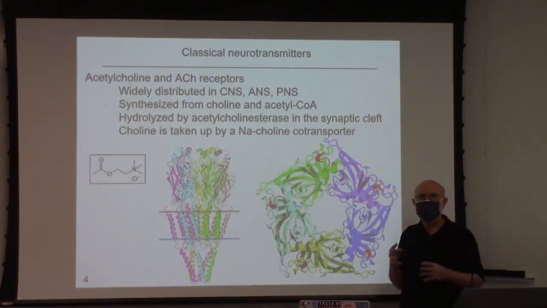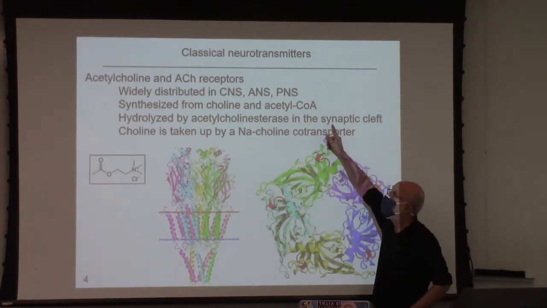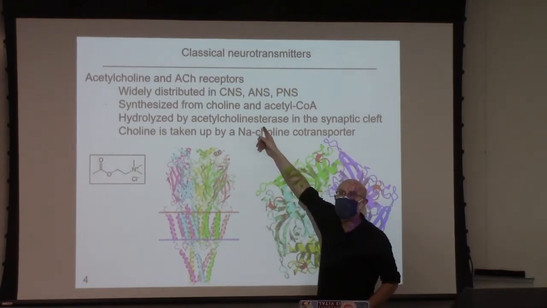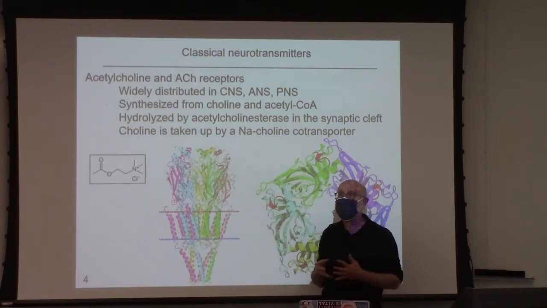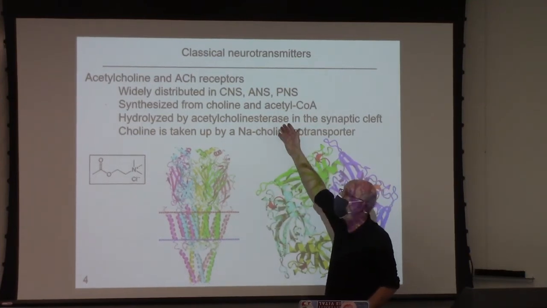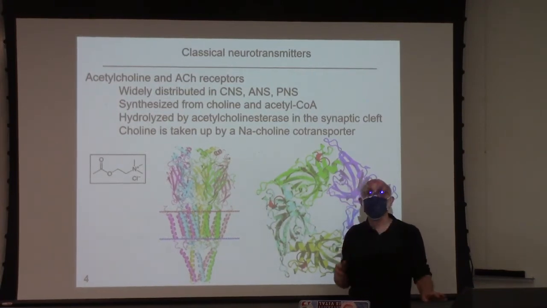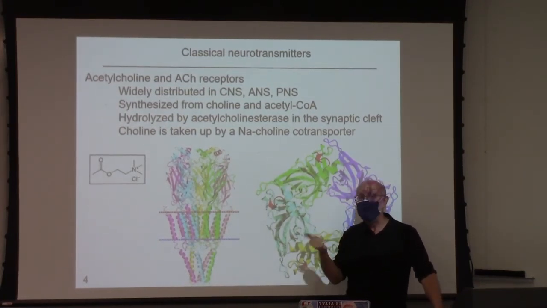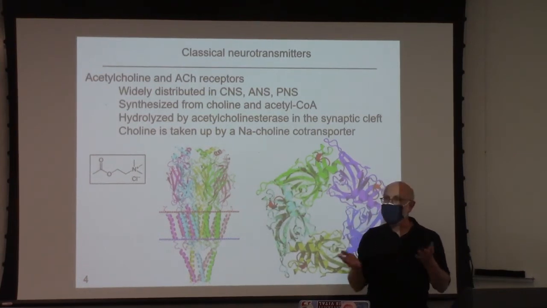I'm not going to test you on this factoid, but acetylcholine is hydrolyzed by acetylcholinesterases in the synaptic cleft of cholinergic synapses. So its removal is a combination of hydrolysis and uptake. All the other neurotransmitters we're going to talk about follow the simple mechanism that we talked about a few minutes ago of reuptake and repackaging intact.